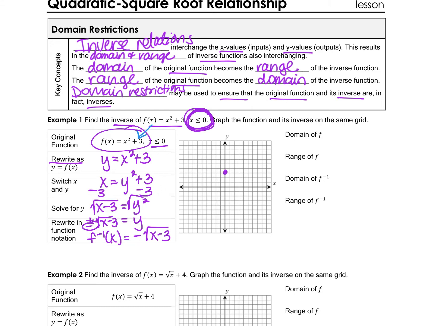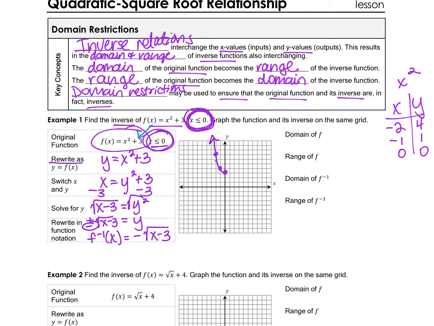And then normally my points for quadratic, if you don't remember, you plug in a -2 and you get 4, a -1 and you get 1, 0, 0. We could continue on, but we only want x values that are less than or equal to 0. So I'm going to go left 2, up 4, from my new point, and then left 1, up 1. So we're only graphing that part of it because of this restriction.